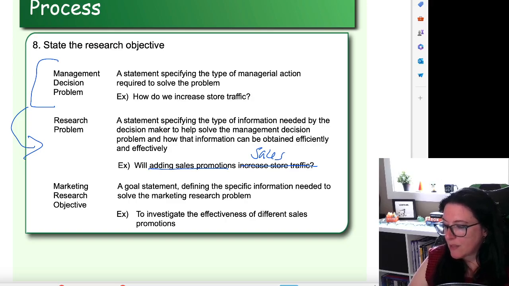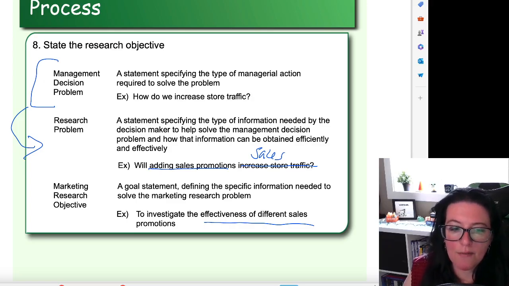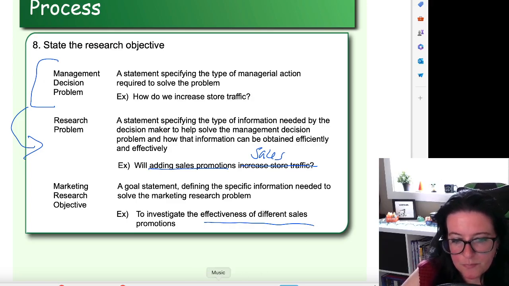So here, this is going to be something that the research project can do, which is going to be looking at the effectiveness of different sales promotions. In this case, what we're going to do is we're going to have one location try a particular type of sales promotion one weekend, and a different one a different weekend, and see which one leads to greater sales. So we're doing a comparison of different processes.